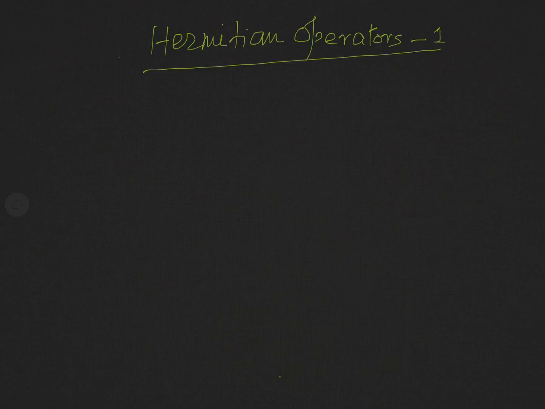So to define the Hermitian operator, let us consider two well-behaved eigenfunctions, or you may say eigenkets.